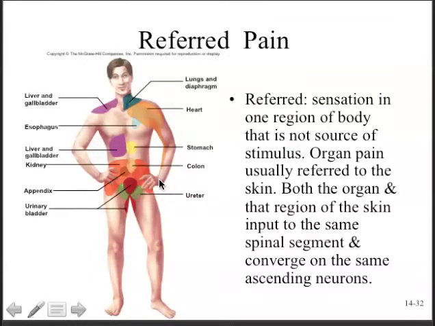The pain of a kidney stone will be felt here in the groin and all across the abdominal pelvic region. The pain of the gallbladder would be felt in the right hypochondriac region and also up here near the right shoulder blade. So these are often indicative of problems that go on at the level of the organ itself. Could be an obstruction, could be a tumor, could be any number of things that produce pain in that region. But very important little map.